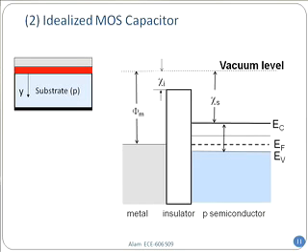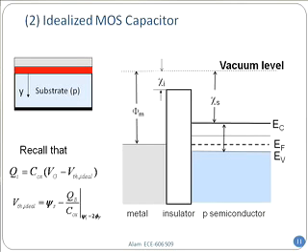Again, let me remind you that this was the ideal one. And I'm trying to see what the non-ideality would be if there are charges in the oxide. So the first thing I want to remind you is that I didn't have any charge in the oxide.